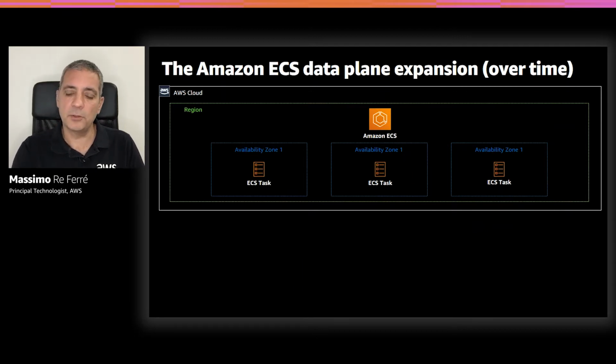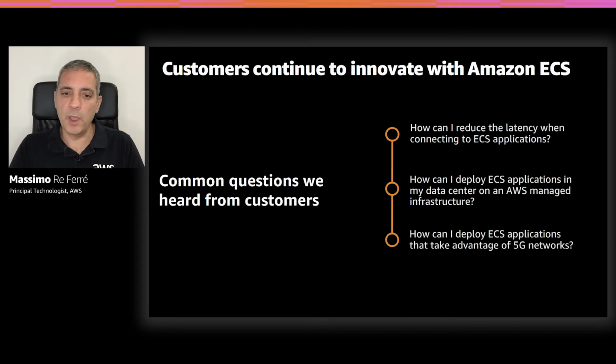Then customers started to ask us all sorts of ways that they wanted to innovate for their own customers. These customers asked us how we could lower the latency for their own users to connect to applications deployed on Amazon ECS. Some customers also asked us how they could deploy ECS workloads in their own data centers on AWS managed infrastructure.